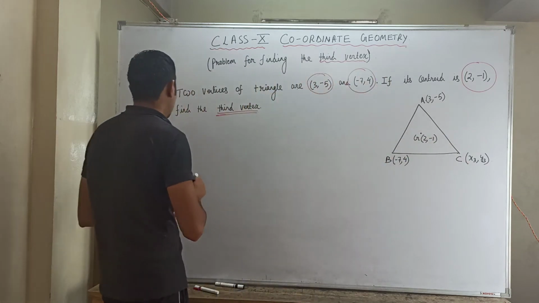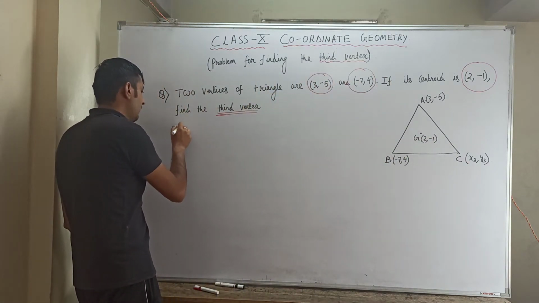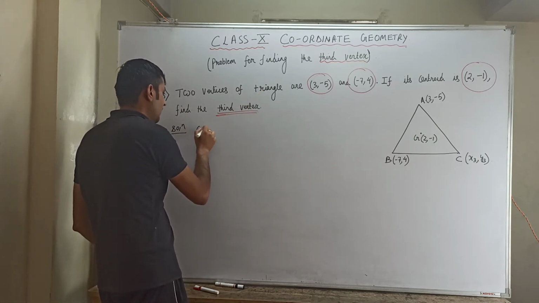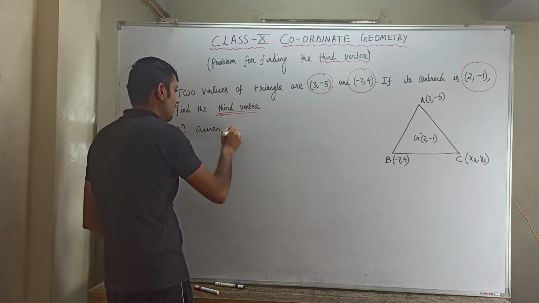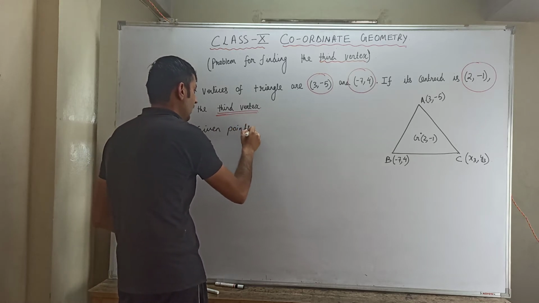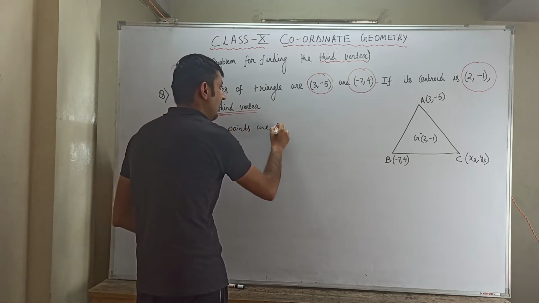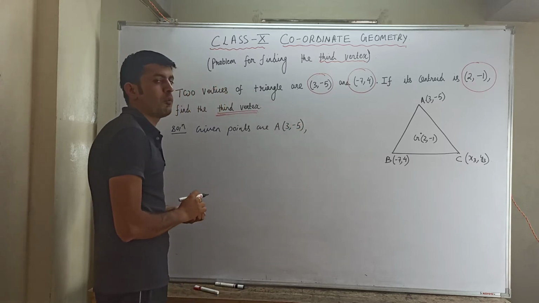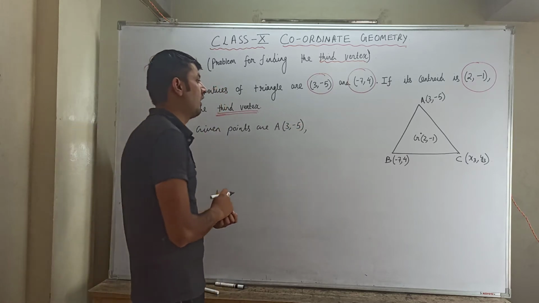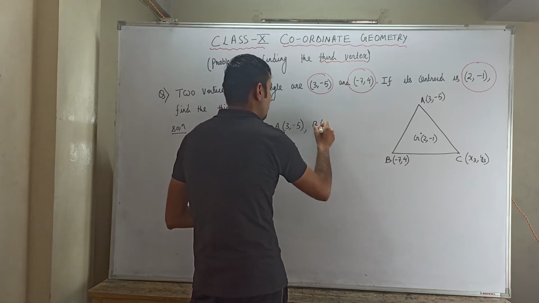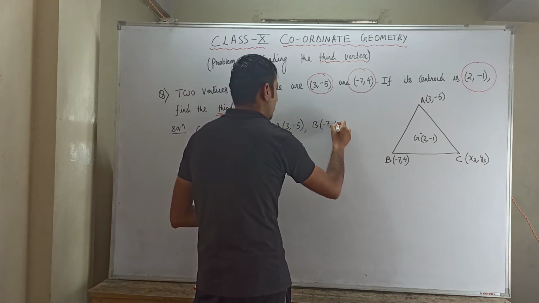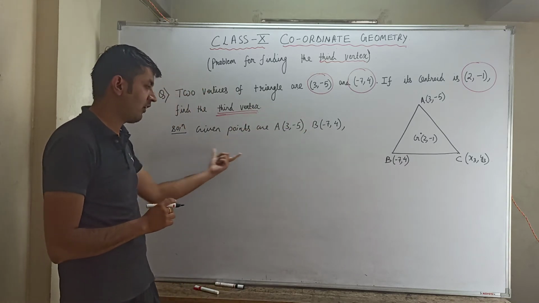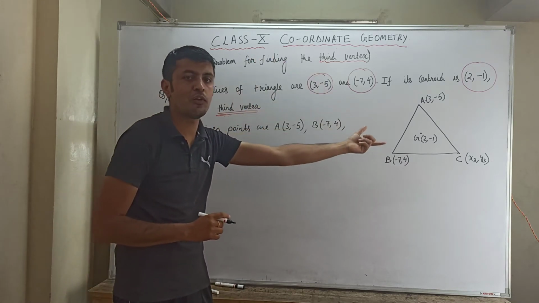So let us come to the solution. You can write down your given points. The first point is A (3, -5). The second point is B (-7, 4). The third point I'll write later, because I have to calculate it; it's not given.